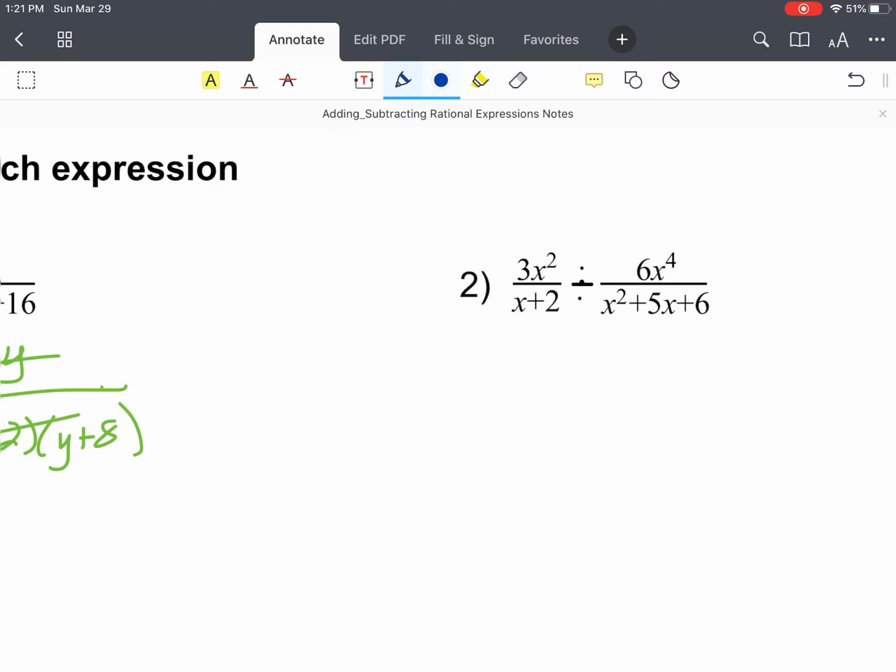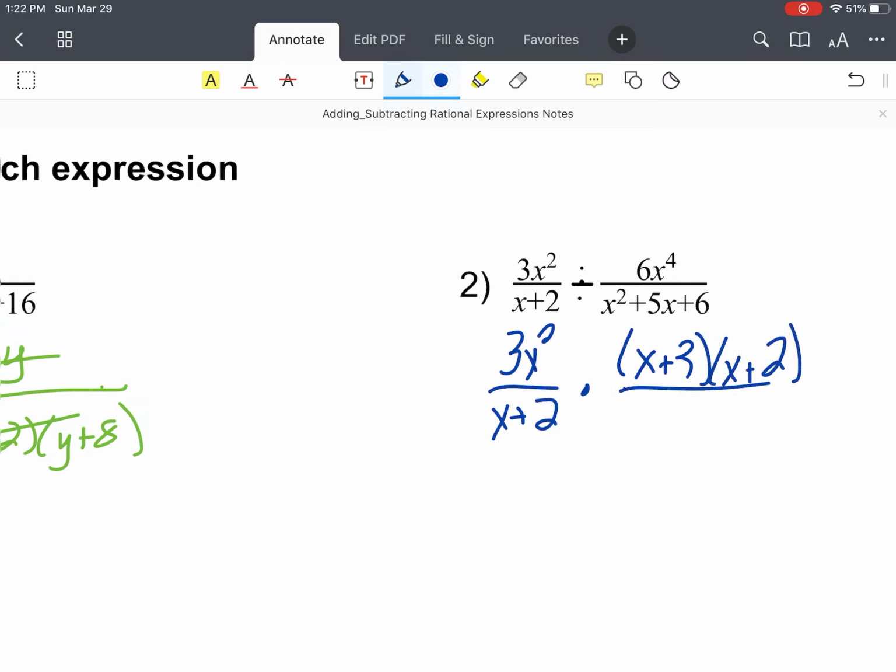So if I'm going to divide these things, the first thing that I should do is flip the second fraction. And now I'm going to be multiplying my two fractions. Now I can factor this bottom one that's now on top. That's going to be x plus 3, x plus 2, over 6x to the 4th.